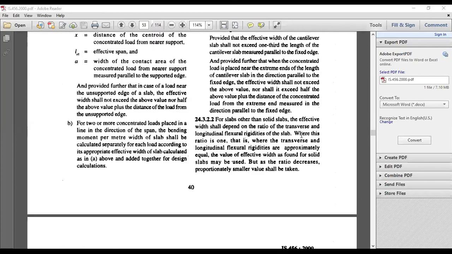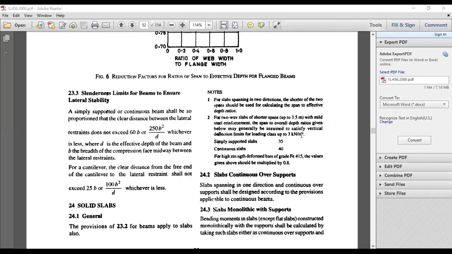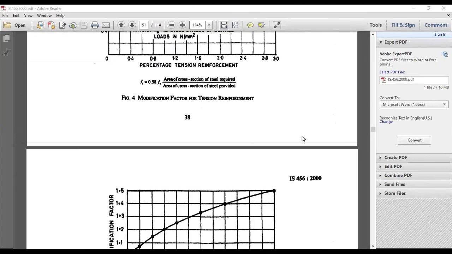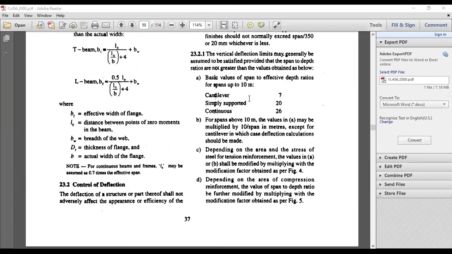While selecting the depth of the slab, I think it is page number 36 or 37 here. For simply supported, the value is 20, and for continuous, the value is 26.